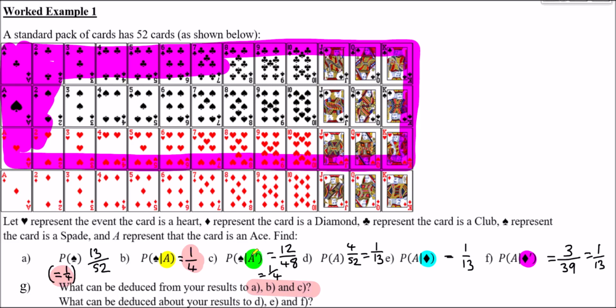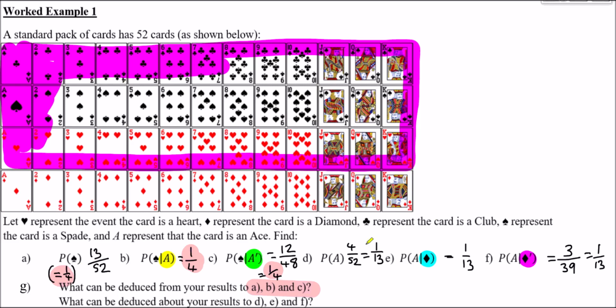The chance of a card being a spade if I tell you a card is not an ace, again, is 1/4. So what this means, based on what we mentioned a few moments ago, is because this probability is the same as the probability for B, which is the same as C, that tells us that the probability of picking a spade is independent of the probability of selecting an ace.